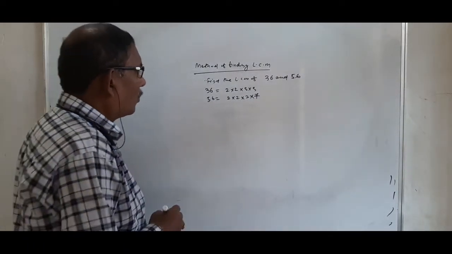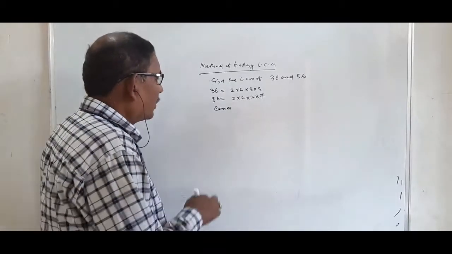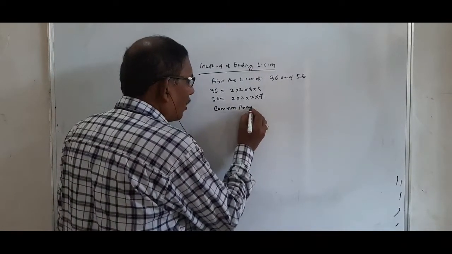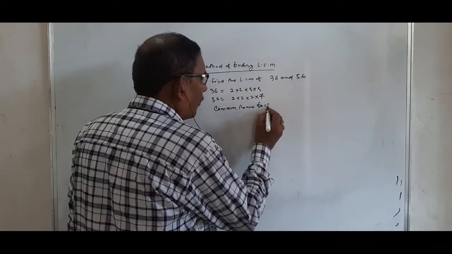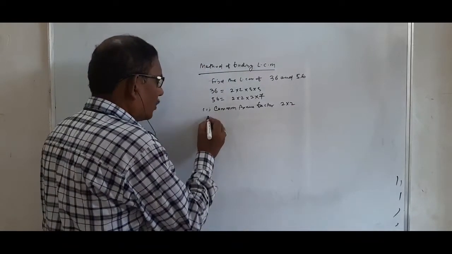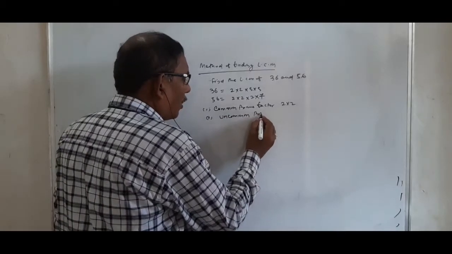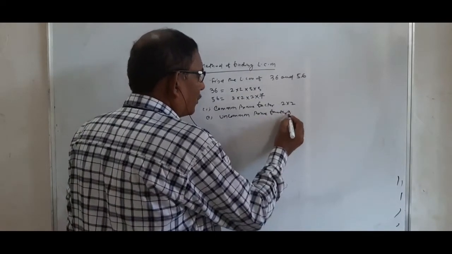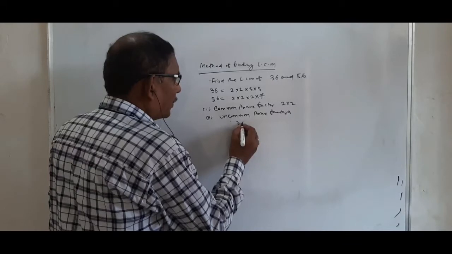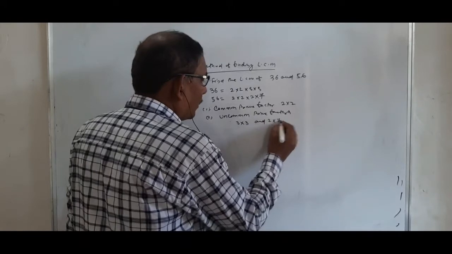Then what is the LCM of these? Okay. Now the common prime factor: 2 into 2. Uncommon prime factors: one is 3 into 3 and 2 into 7.